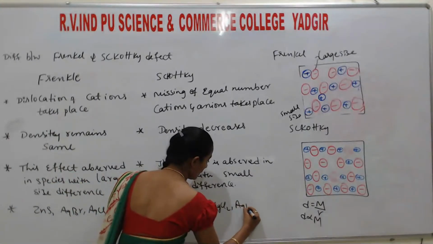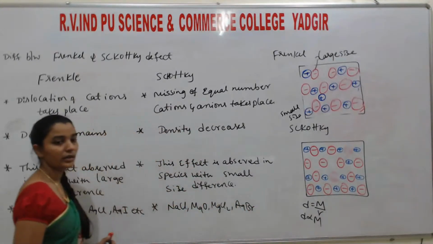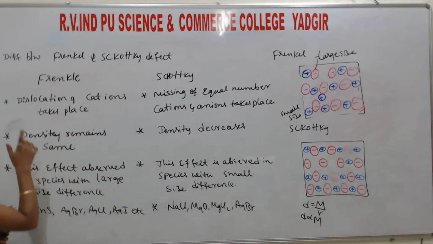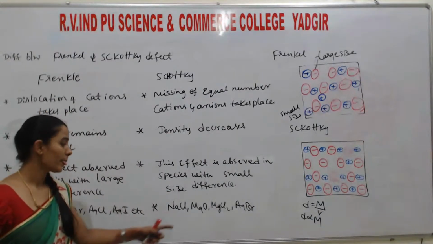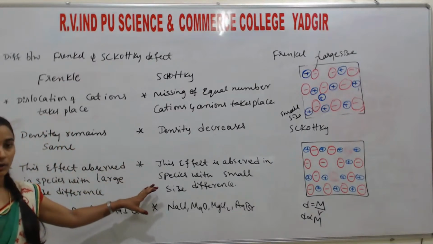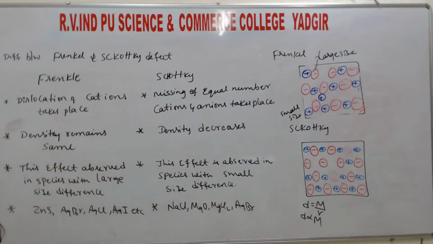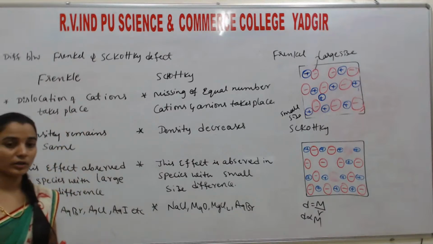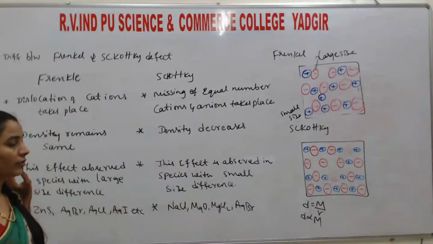Okay, AgBr has the ability to show the Frenkel effect as well as the Schottky defect because it has an appreciable size between large and small. Okay, so this is all about the difference between Frenkel and Schottky, and this is very important for 2 marks.